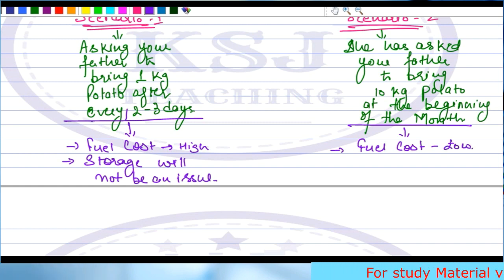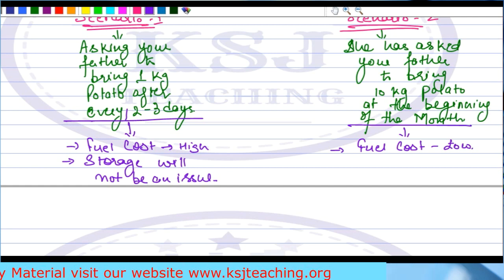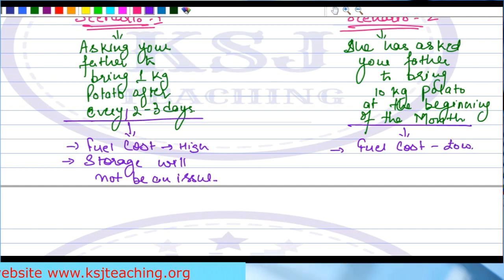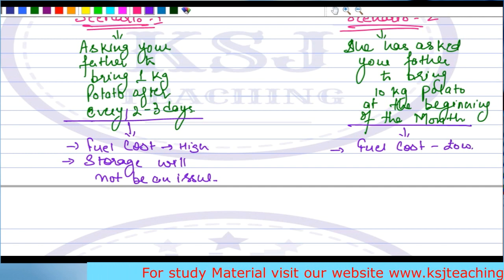Here he will be going for say 14-15 times in a month, and here he will be going only once in a month at the beginning, right? So the fuel cost will be obviously low. In scenario 1, he will be going 14 to 15 times in a month, and in the second scenario, he will be going just once. So obviously the fuel cost will be low.